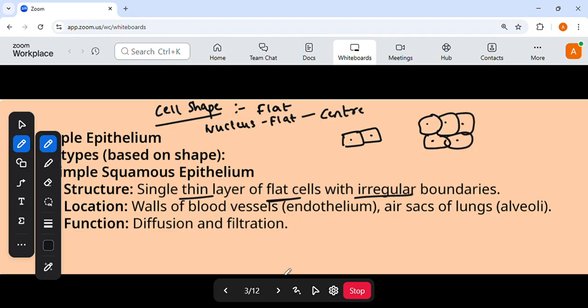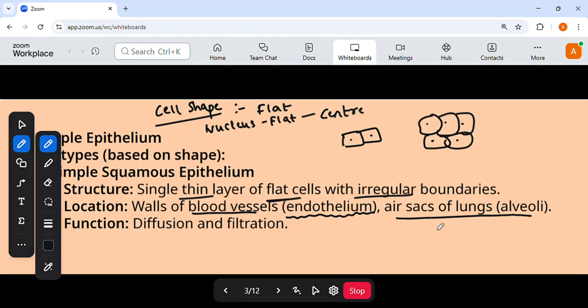Irregular boundaries. Location where we can find them: in the blood vessels, walls of blood vessel. If they are present in the walls of blood vessels, a special name is given to them, that is endothelium. As well as it is found in air sacs of lungs, alveoli. Alveoli में हमें देखने को मिलते हैं.